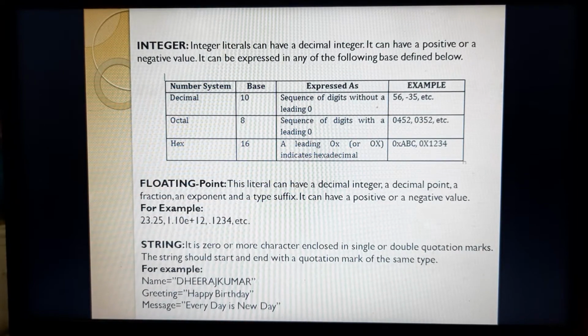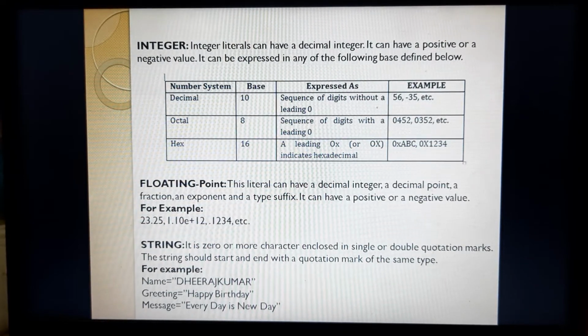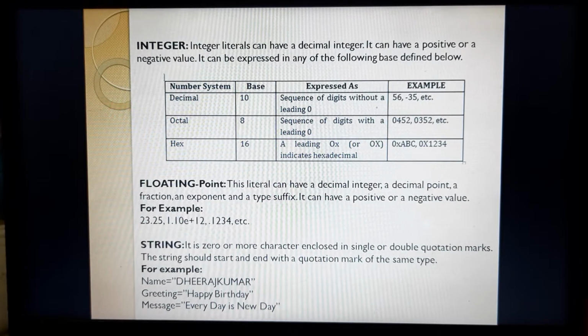Similarly, if you see the second example, greetings equals opening double quotation happy birthday and closing double quotation. That happy birthday will be assigned to the greetings. Similarly, every day is new day, enclosed within a pair of double quotations, is assigned to message. So these are some of the examples of our string.